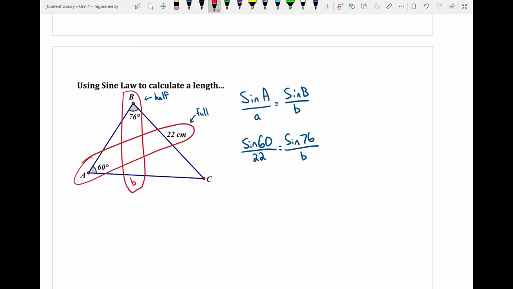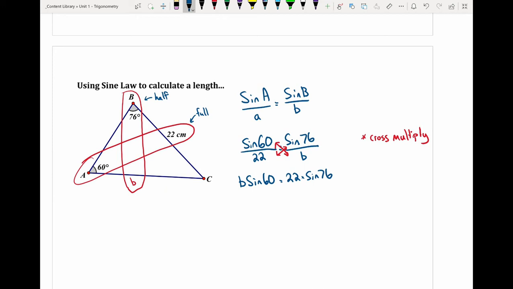The next step here is I'm going to cross multiply, because that's going to help me get rid of the fraction. So when I cross multiply, I get b times sine 60, top times the bottom, and then the bottom times the top, so 22 times sine 76.